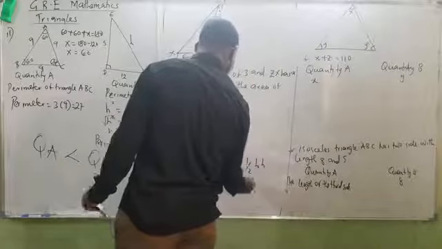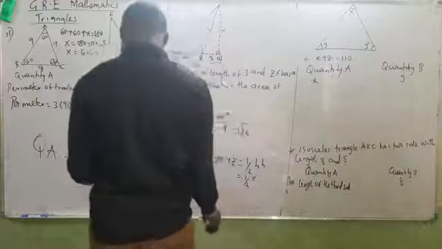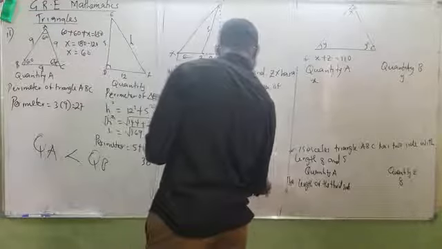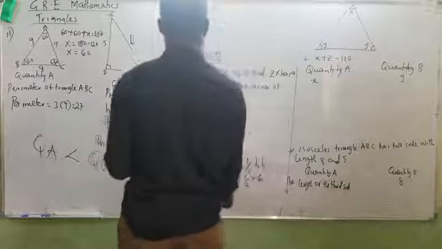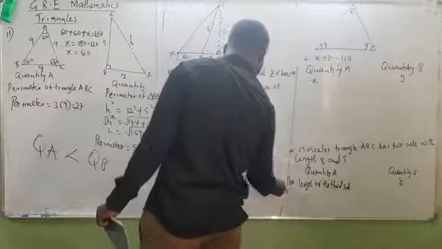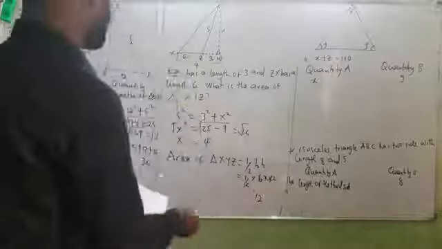It means 1 over 2 multiplied by my base, which is 6, and the height will be 4. I'll be having 12 units squared. That is my answer, 12 units squared.